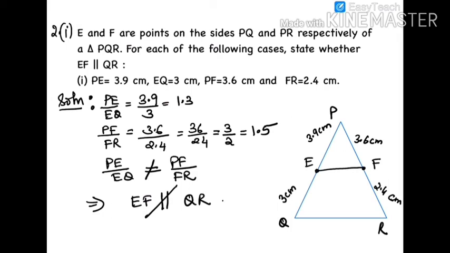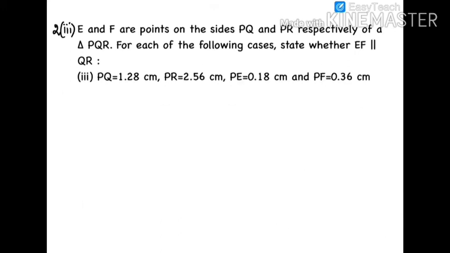Likewise, we can do the next subpart of the same question. E and F are the points on the sides PQ and PR of the triangle PQR.